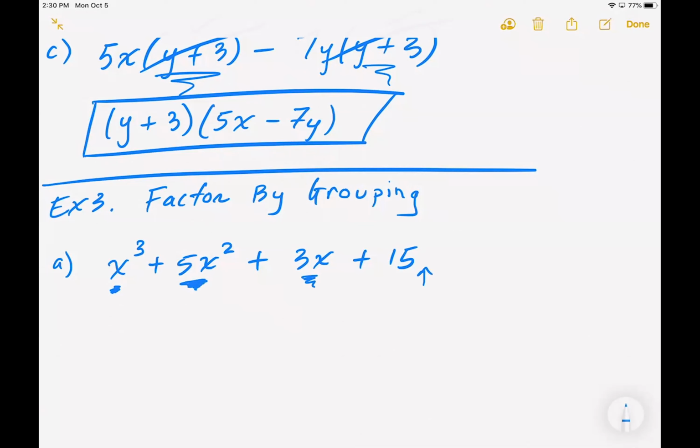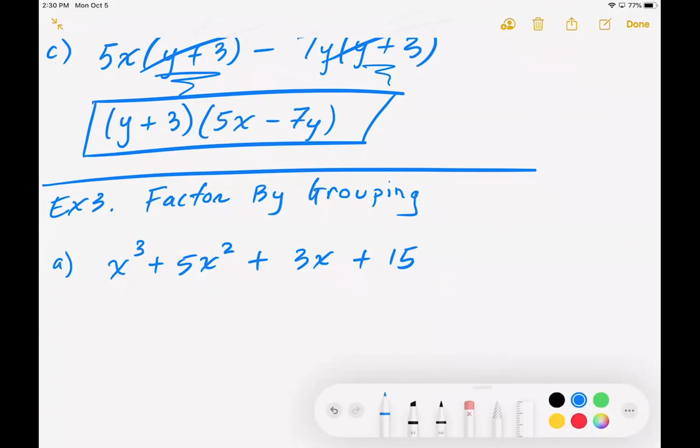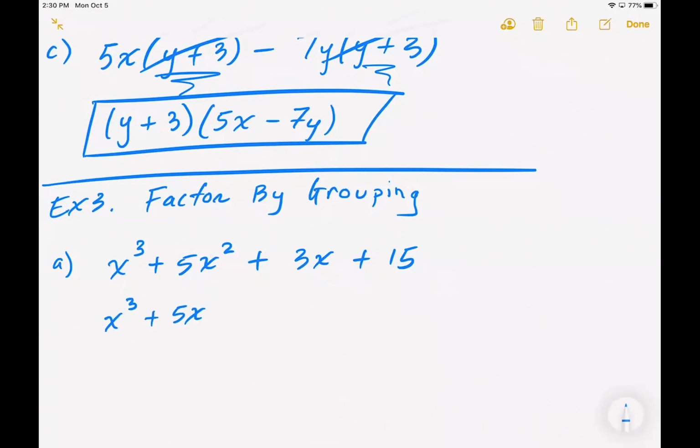So looking at this, we are kind of stuck, in the sense that they don't have a GCF, the greatest common factor. But what do we do? Whenever you have these 4 terms, all you need to do is follow the direction.